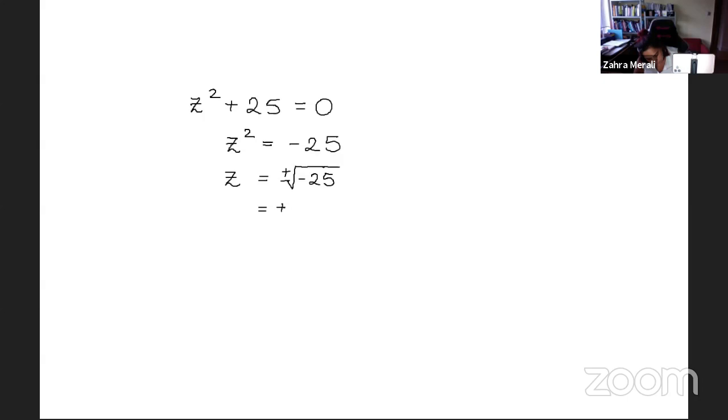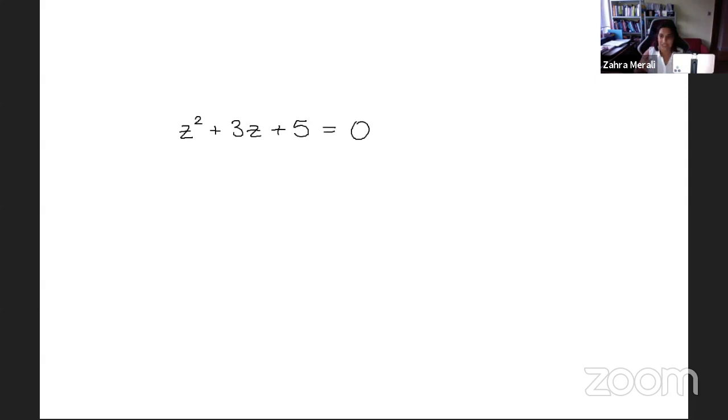So we've got plus or minus the square root of 25 times the square root of -1. So it's plus and minus 5i, because the square root of 25 gives us 5, and the square root of -1 is i.